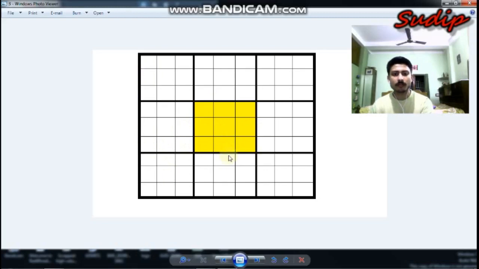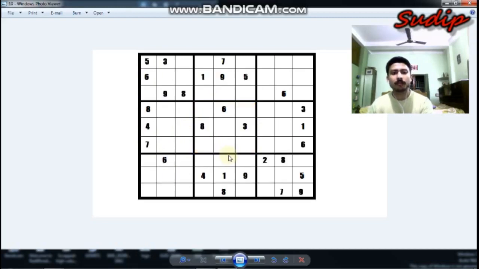Okay, so let's start with the problem. Now this is a sudoku problem. See, here must be an 8. In this line there is an 8, in the bottommost line there is an 8, so the 8 must not be there.